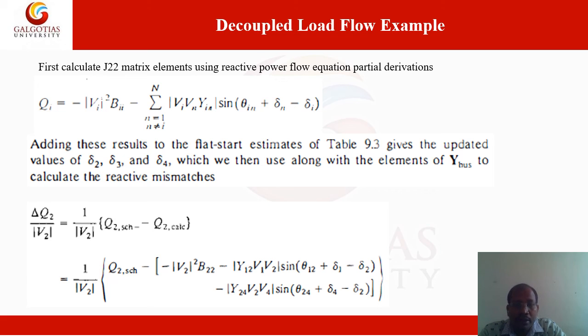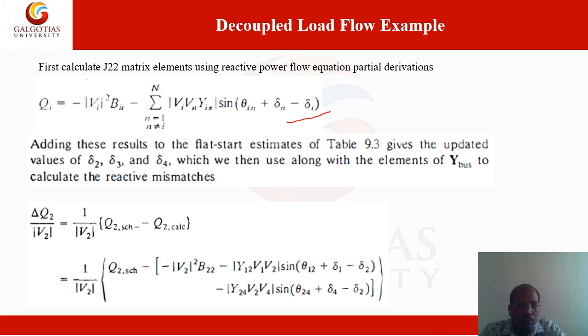Here Qgi is the reactive power generation at a particular bus i, Qdi is the reactive power demand, and Qi is the calculated value. The same process can be applied here. For del 2, del 3, del 4 we use the updated values, already calculated in the previous slide. So these values we are going to use here.